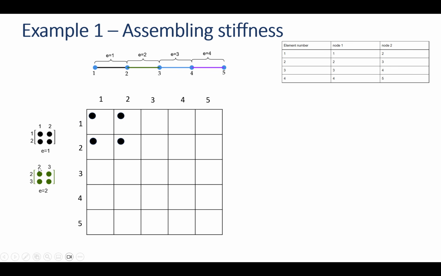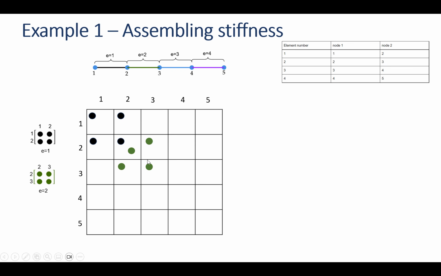Similarly, for element 2. Element 2 is connected to nodes 2 and 3, and the corresponding degrees of freedom are 2 and 3. So the values of the element stiffness matrix for element 2 would go into rows 2 and 3 and columns 2 and 3.